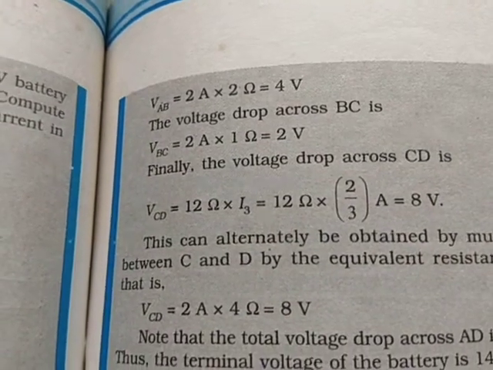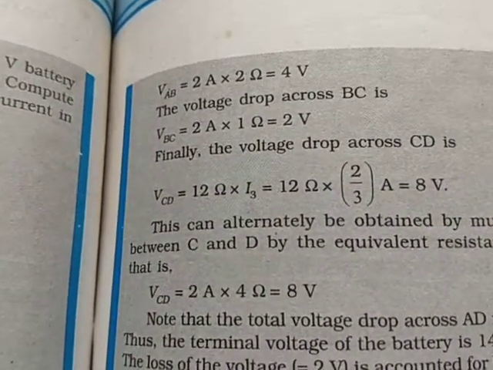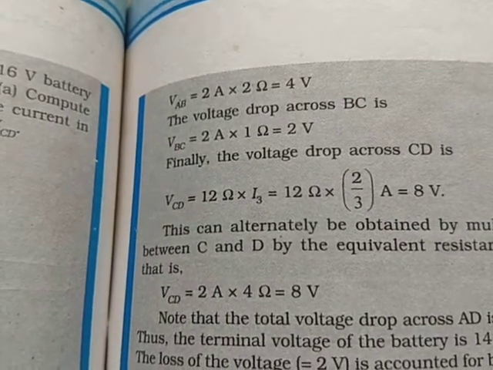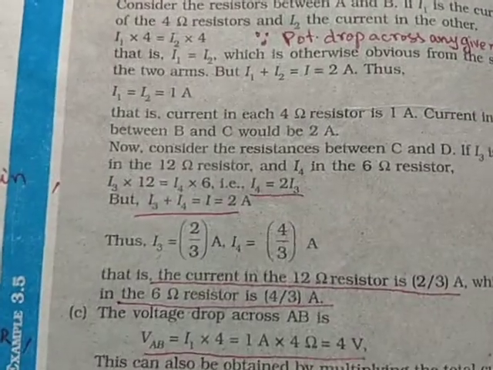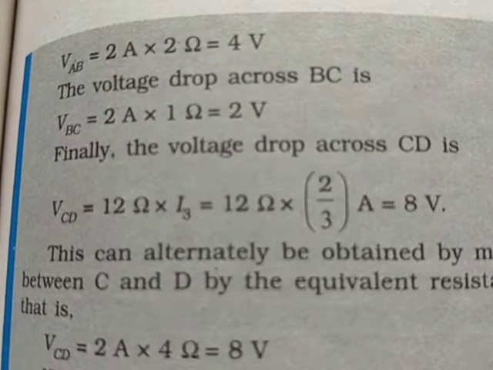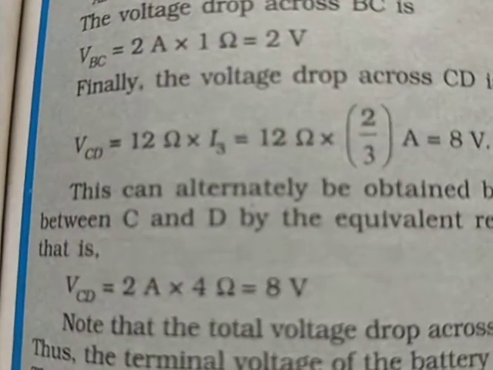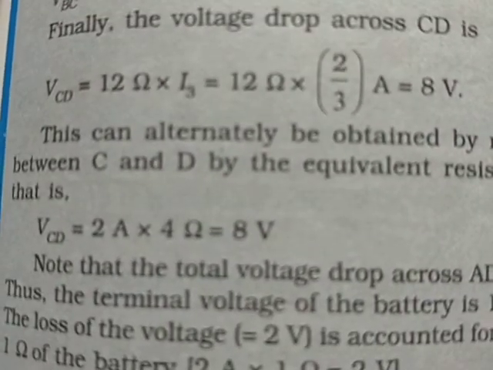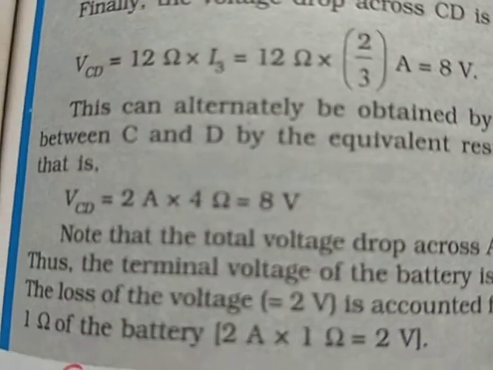We know the current passing through the 12 ohm resistance is 2 by 3 ampere, as we have already done here, and multiplying it with 12, that becomes 2 by 3 into 12, that is 8 volt. This is the potential difference across CD.